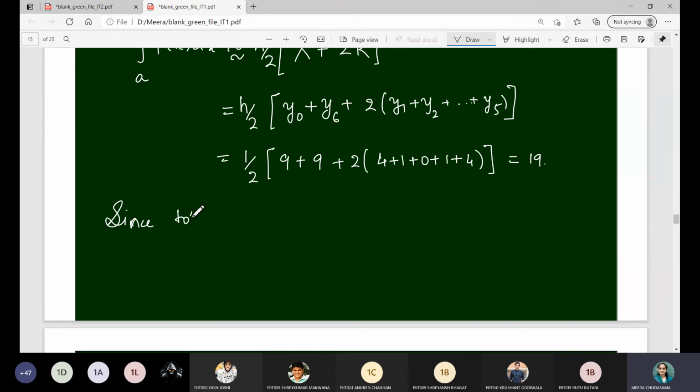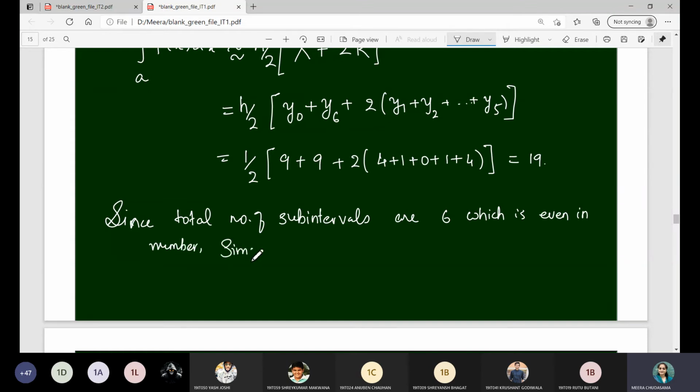Since total number of sub intervals are 6, which is even in number, Simpson's 1/3 rule is applicable, right?